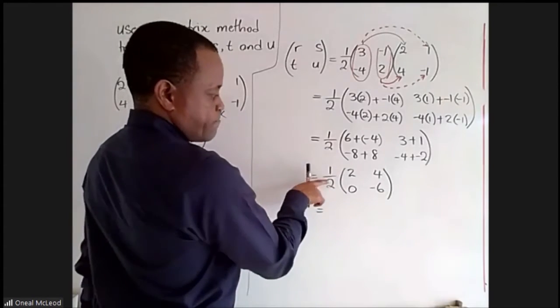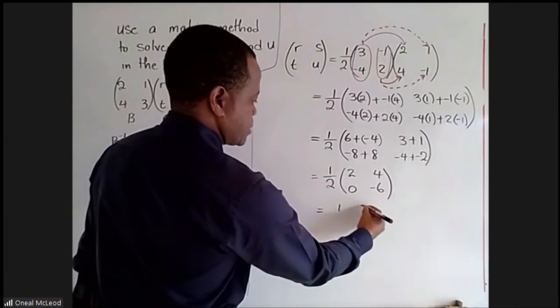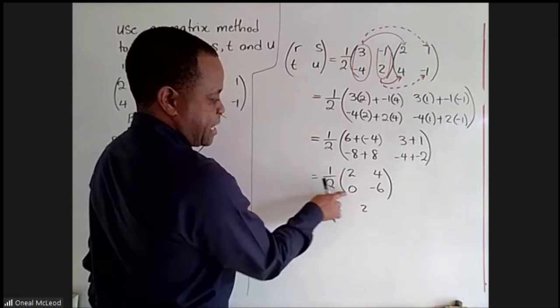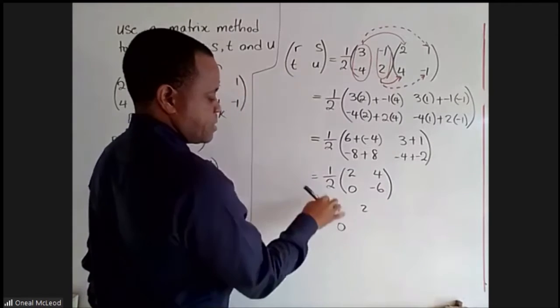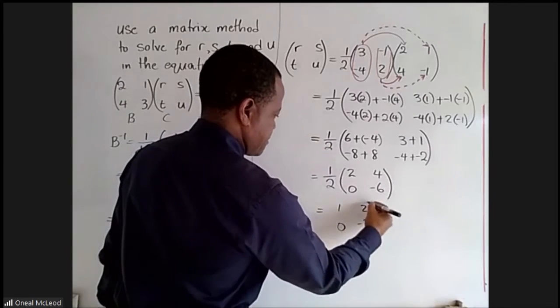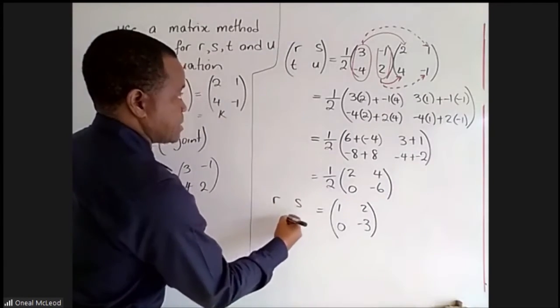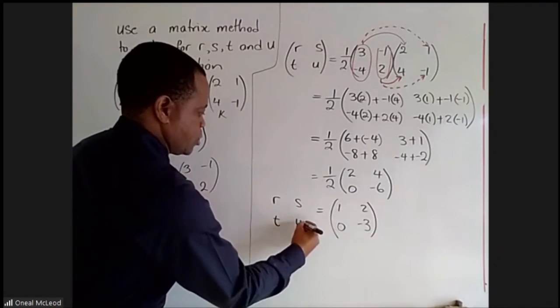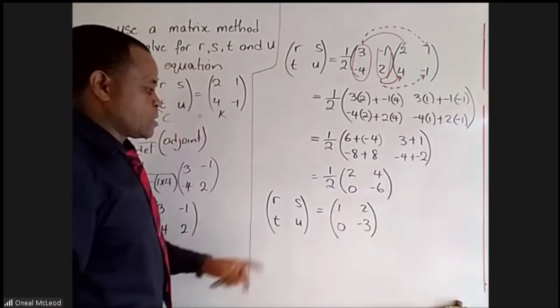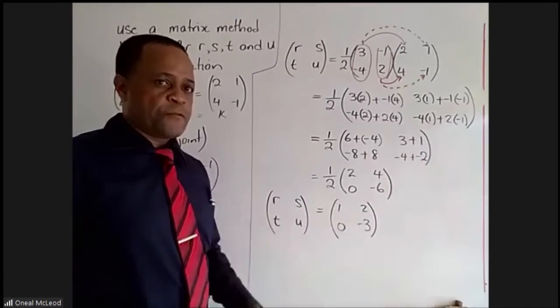Now, a half times 2 will give us 1. A half times 4 will give us 2. A half times 0 will give us 0. A half times negative 6 will give us negative 3. Now there we have it. R, S, T, and U is now equal to 1, 2, 0, negative 3.